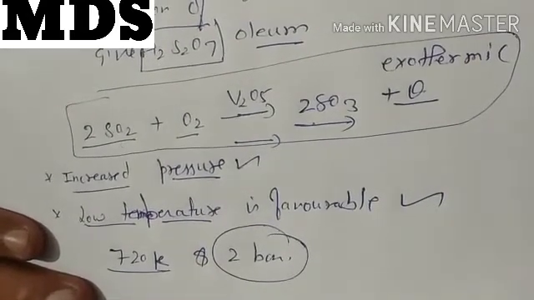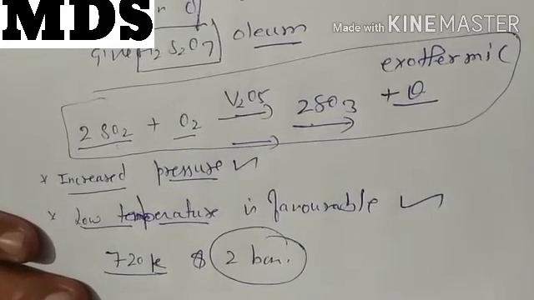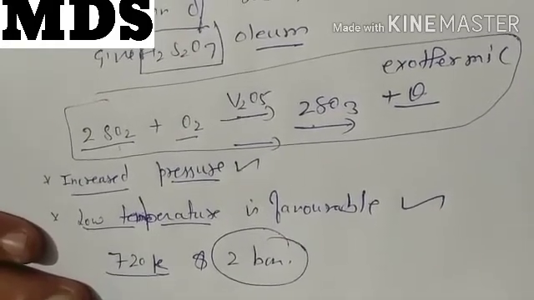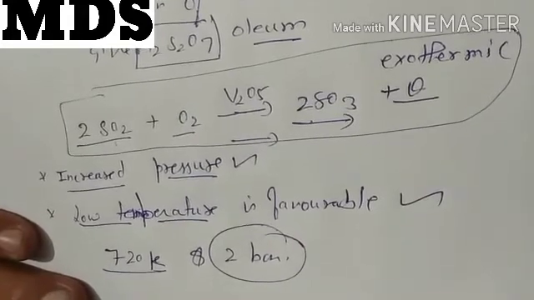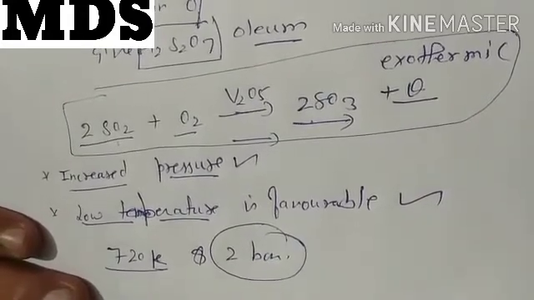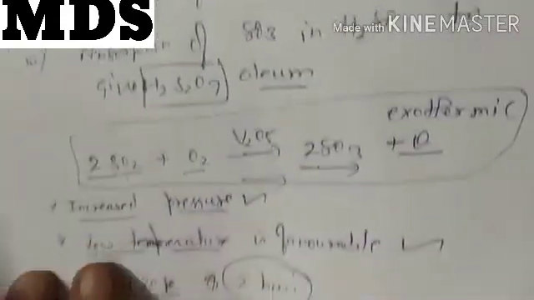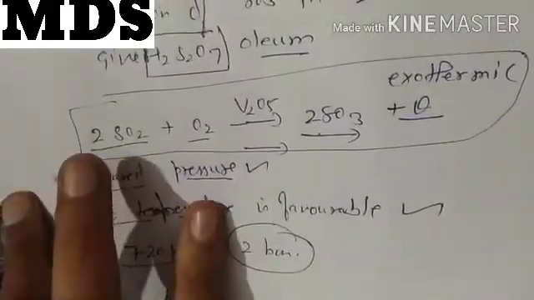There is a question asked in the text: what are the favorable conditions for the production of sulfuric acid? Increased pressure and low temperature are the two conditions needed.